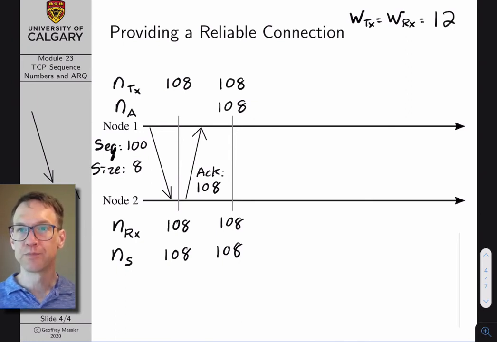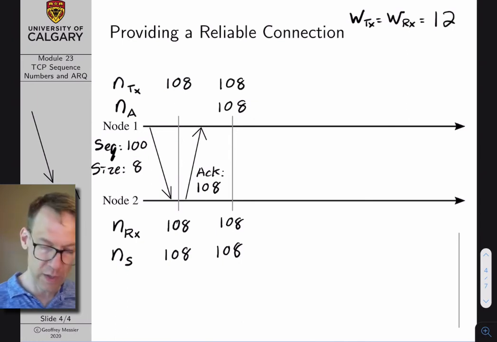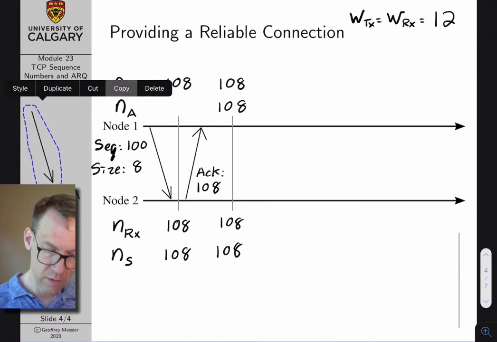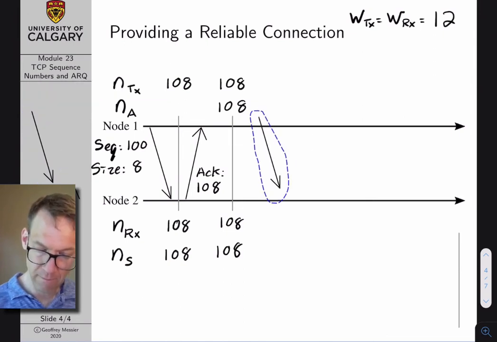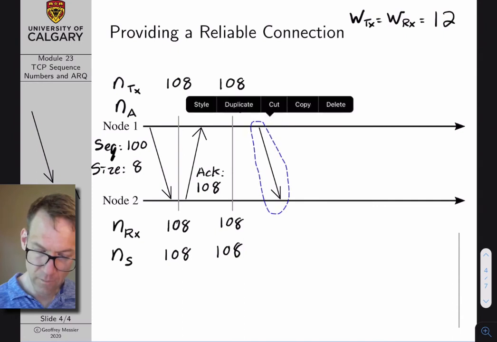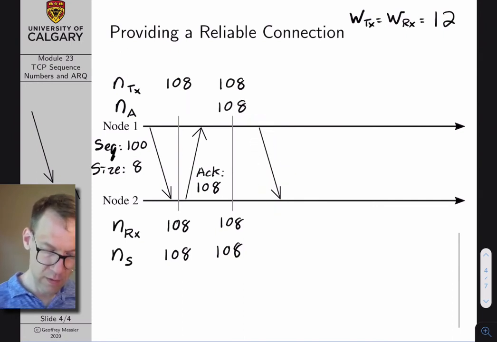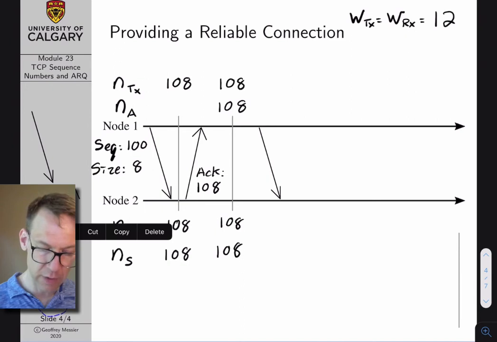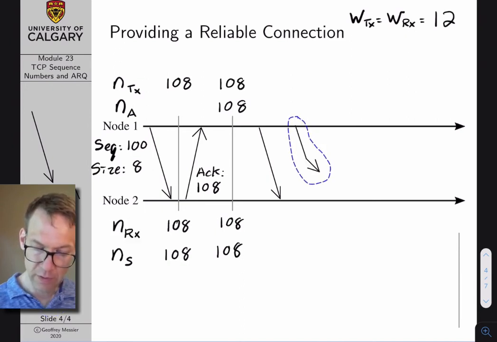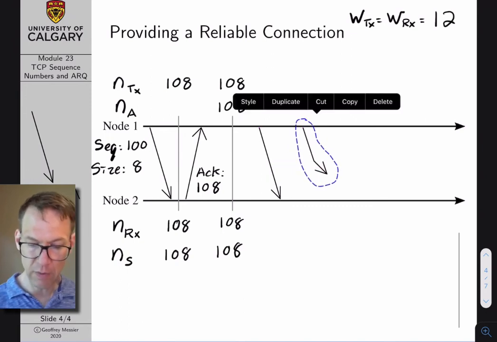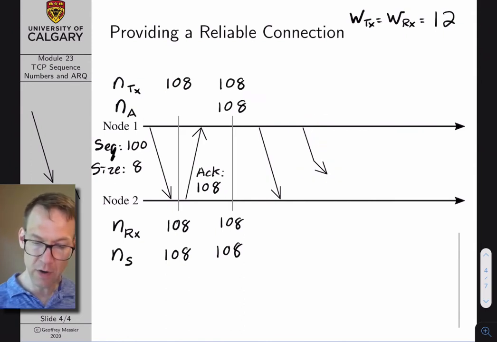And so now let's look at a situation where we send another segment. And rather than waiting for an acknowledgement, because we don't have to, we send a second packet. However, this second packet is lost. And remember, don't forget about our window size, right?